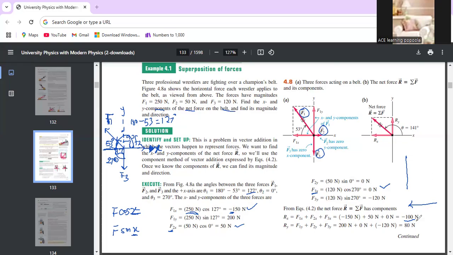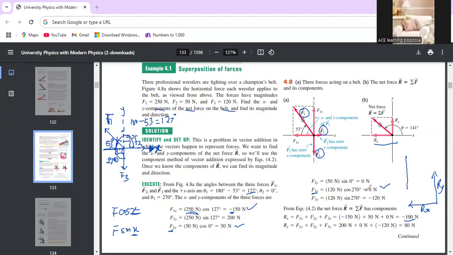While this, since it's positive, is going to look like this. So this is what we are going to have, Rx and then Ry, which is what we have here.